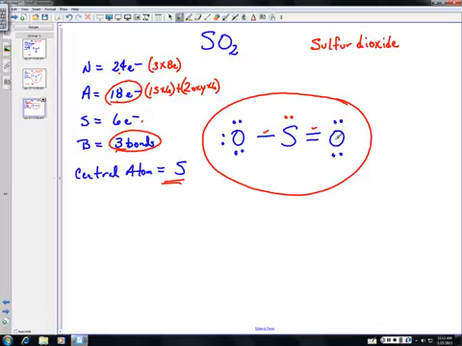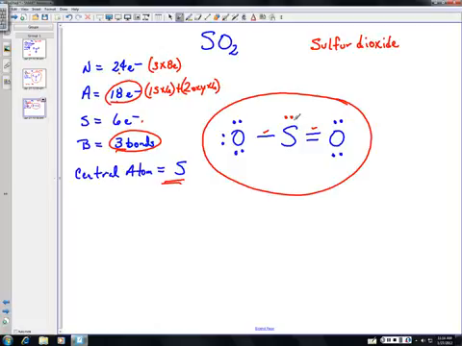This oxygen on the right-hand side had a double bond, so it already had 4 electrons, so you gave it 4 more. And then you did a count, because both the oxygens now had 8. So you said 2, 4, 6, 8, 10, 12, 14, 16. But I have to use 18, so there have to be 2 extra electrons that I have to assign as a pair to the central atom, and you did that right there.